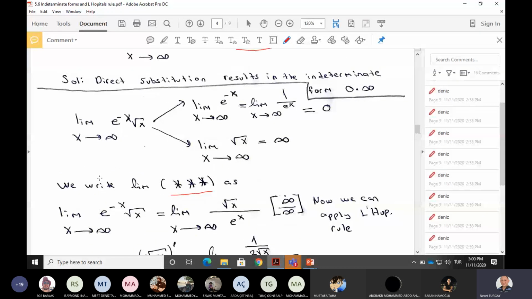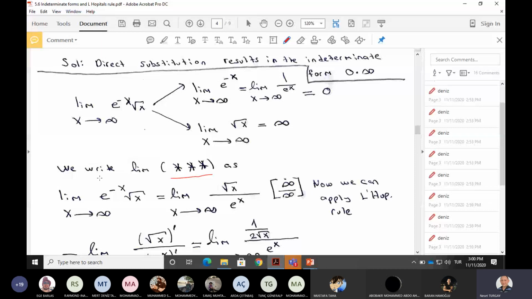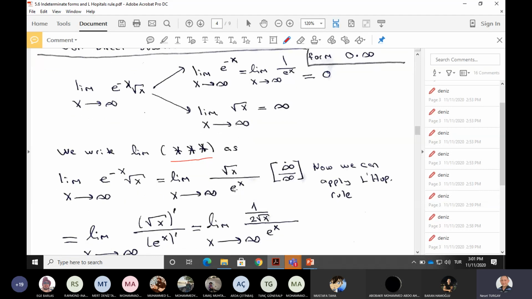Now, we have an e term and a root term, but the question itself is actually pointing you to what to do. Can you see this minus x? You can just take this e to the denominator, isn't it? You can write it like that.